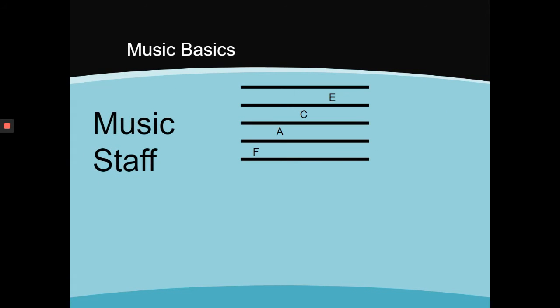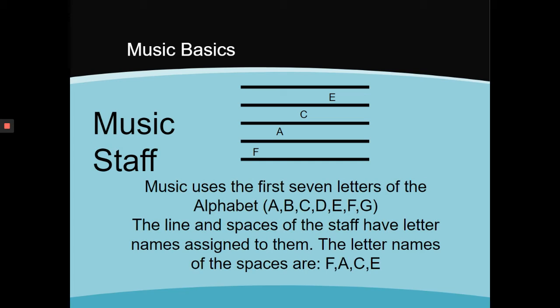Okay, remember, music staff, 5 lines, 4 spaces, no more, no less. Remember, the music alphabet we use is A through G. No more after that. Once you get to G, you go right back to A. It's always like that, okay? All right, remember, face equals space, F-A-C-E.